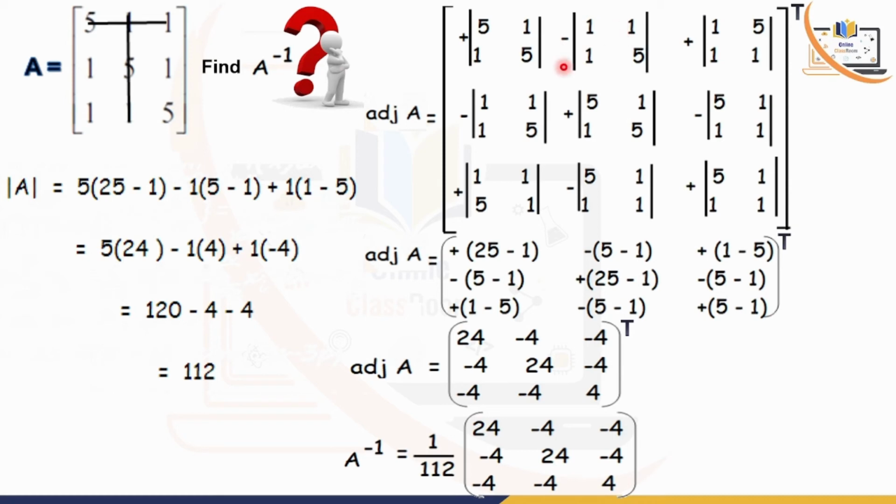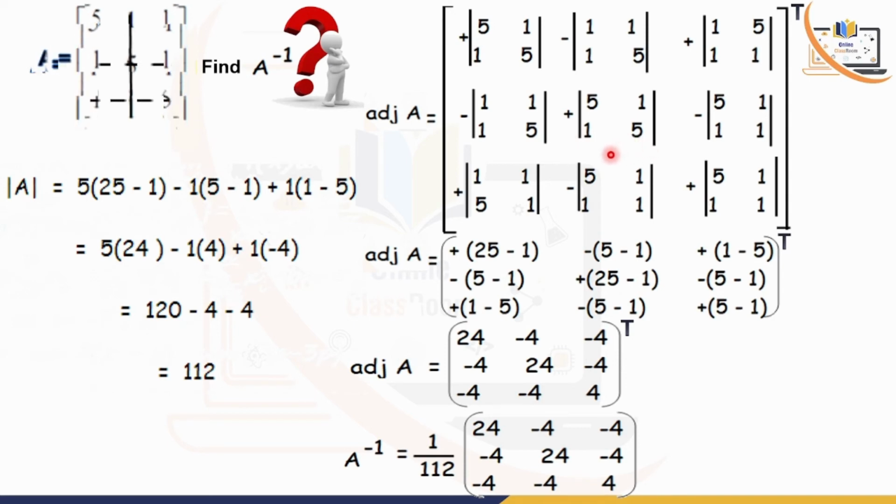Now we move to the next point. If I consider that position 5, the minor becomes 5 1 1 5, and the position is plus, so this is the corresponding cofactor. Next, if I move to the last point, that is 1, we have the minor as 5 1 1 1, and the sign is negative, so this is the total cofactor.